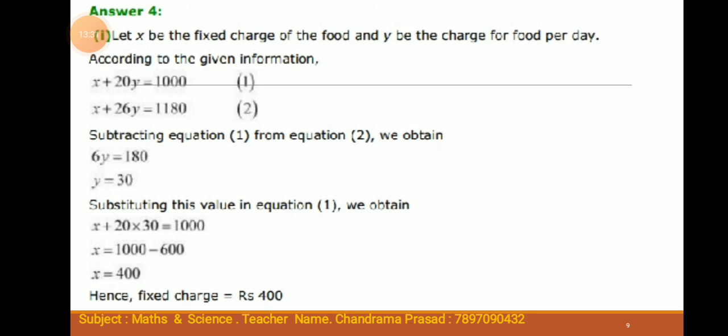Therefore, the fixed charge equals rupees 400 and the charge per day equals rupees 30. This is the answer.